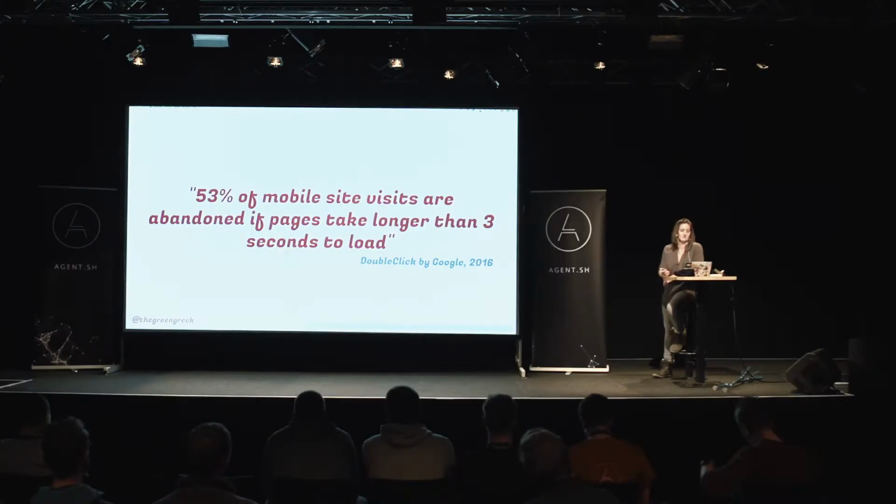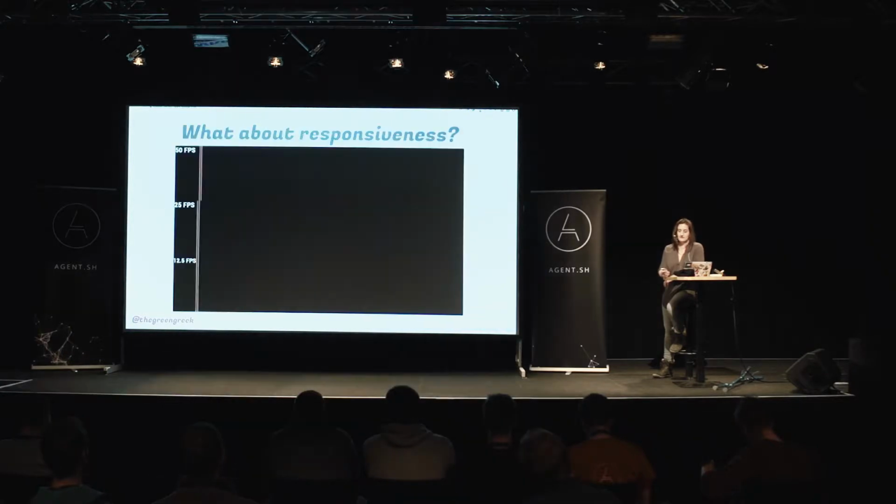So that's just for initial load. But what about responsiveness? When we talk about responsiveness, we're talking about what happens as a user interacts with the page. And frame rate, or frames per second, measures responsiveness. You can see this GIF here. The top line is 50 frames per second, which is kind of close to modern browsers, or most devices right now, which refresh their screens at 60 frames per second.